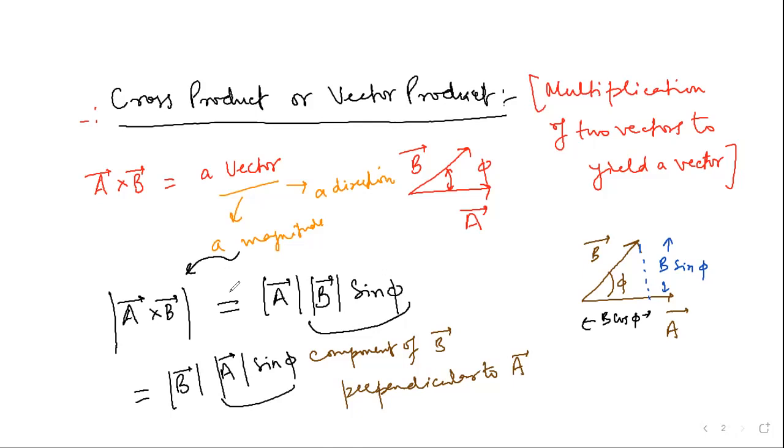So this is the definition of its magnitude. What about direction? Now I move to direction of A cross B.